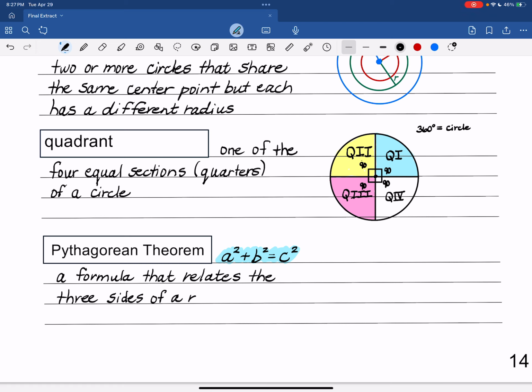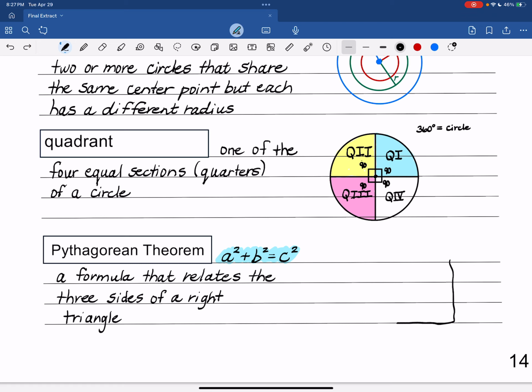It only works with right triangles. A triangle with 90 degrees. So let's draw ourselves a nice right triangle, and we will take a look at what this formula actually means.